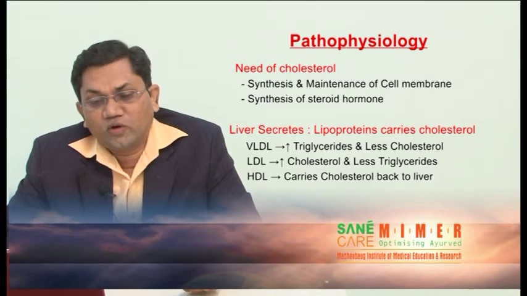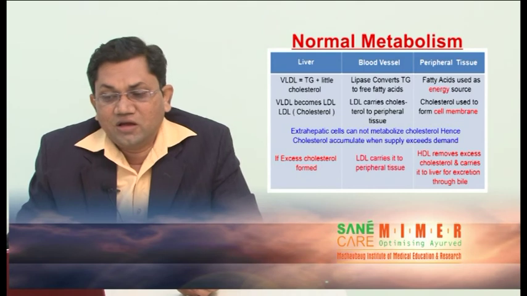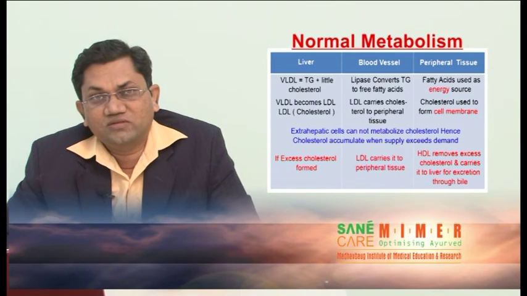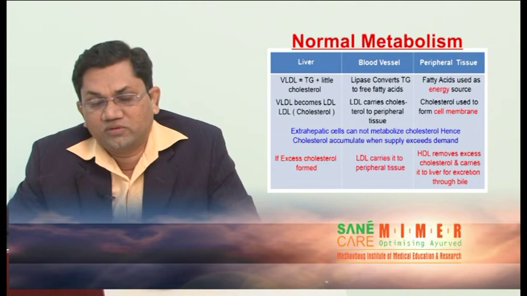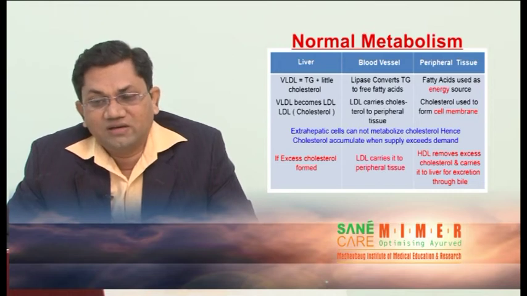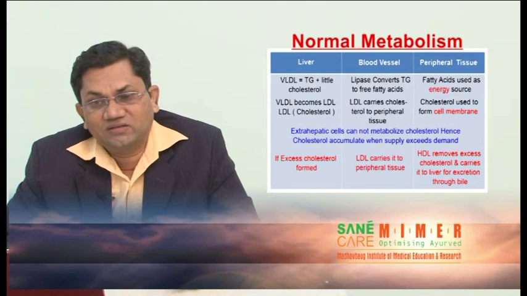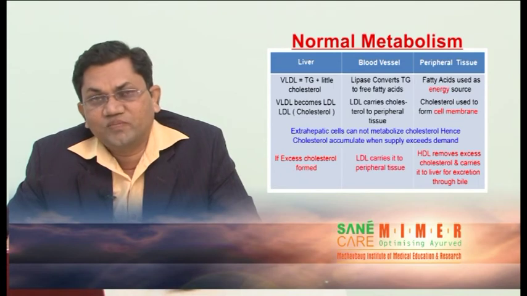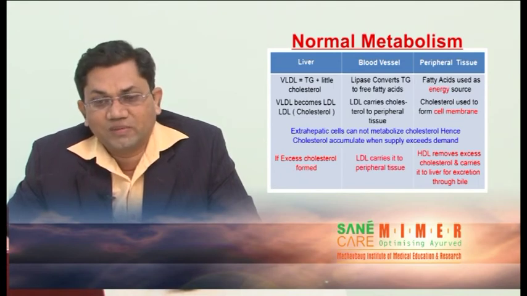Now what important thing we need to understand here is the normal metabolism of cholesterol: its synthesis and transport. Three things are involved: the liver, which acts as the manufacturing site, the blood vessel, which acts as the transport system, and the peripheral tissue, which are the beneficiaries that utilize the cholesterol for the synthesis of the cell membrane.